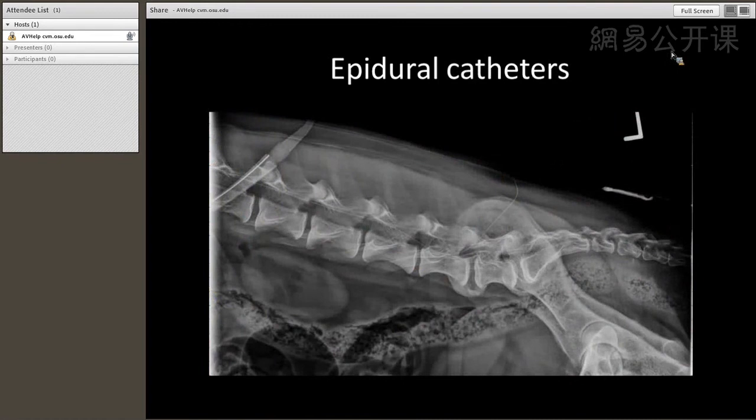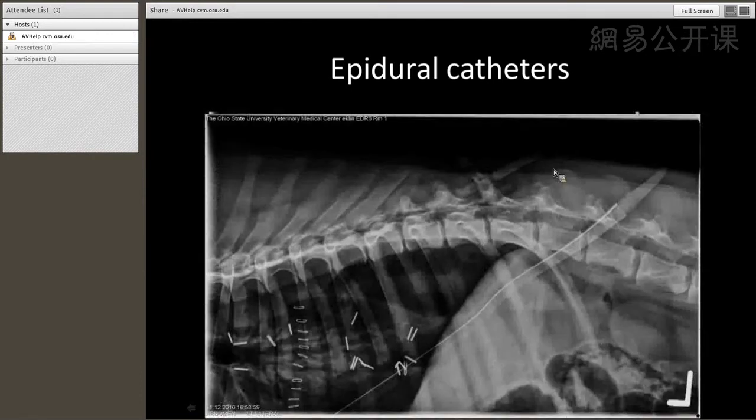So epidural catheters can be used for long-term pain management. These would be patients that would be staying in ICU, for example. We placed this epidural catheter in a dog that had osteosarcoma of a rib, and so it had a rib resection. To place an epidural catheter, typically still you're going to place it at the lumbosacral junction. And so you can see the catheter right here, and it's actually feeding into the epidural space.